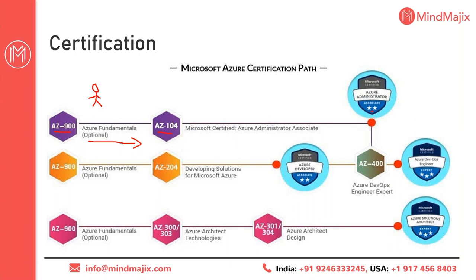So this is hot in the market right now, and it gives you an administrator associate badge, which will cover each and every in-depth concept of cloud with hands-on labs and projects. We'll be learning about Active Directory, about migrations, how to deploy our resources, how to deploy our web apps, each and everything, as we move further in the course.